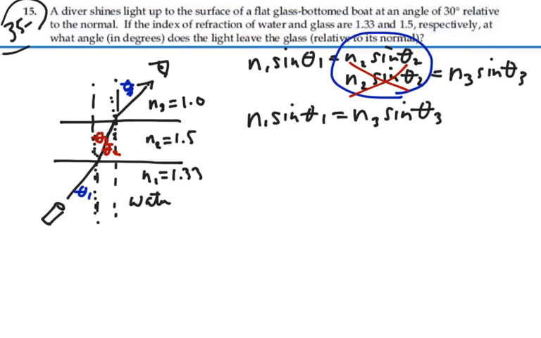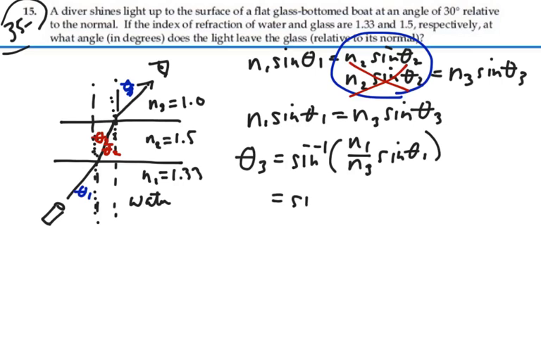We want to find theta 3. We want to find the angle the light leaves the glass relative to the normal. So theta 3 is going to be equal to the inverse sine of n1 divided by n3 times sine theta 1.